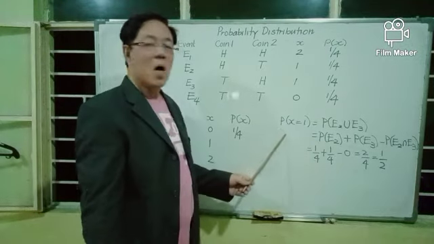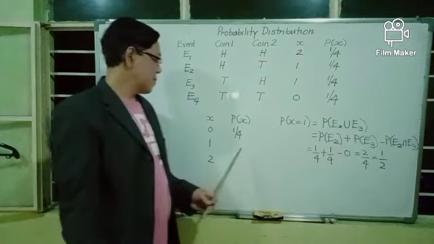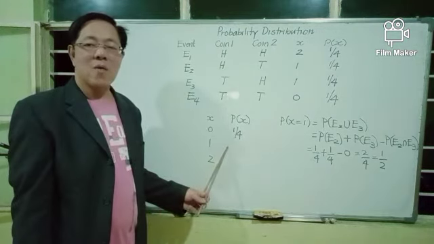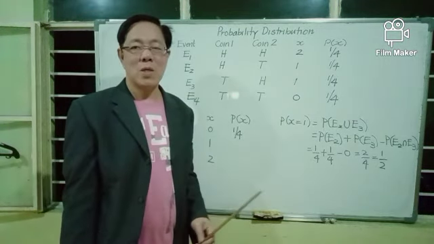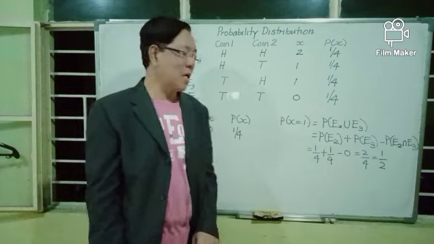This is the computation to summarize the probability of getting 1 head when you toss 2 balanced coins at the same time.